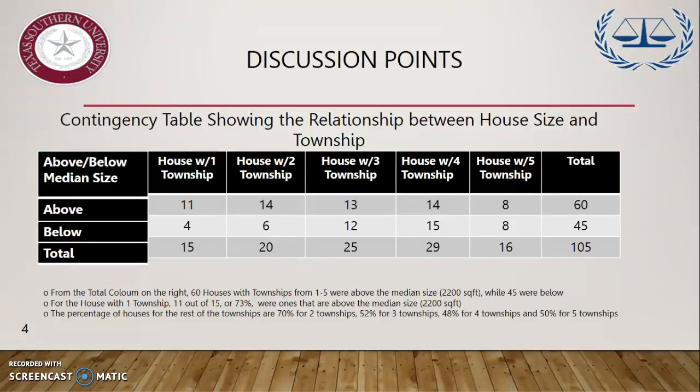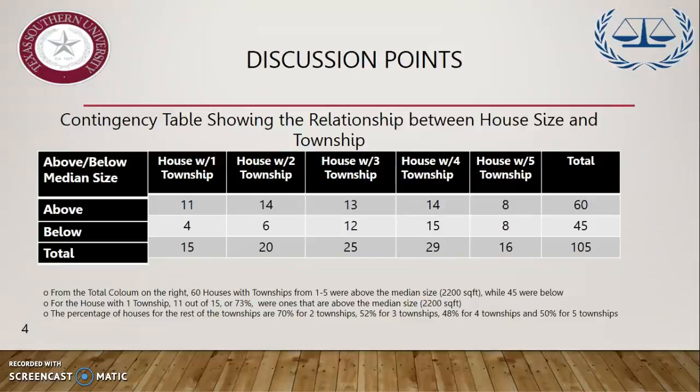I'm going to be comparing the house size as well as the township. I took the median of the house sizes from the real estate data, and that median size was 2,200 square feet.